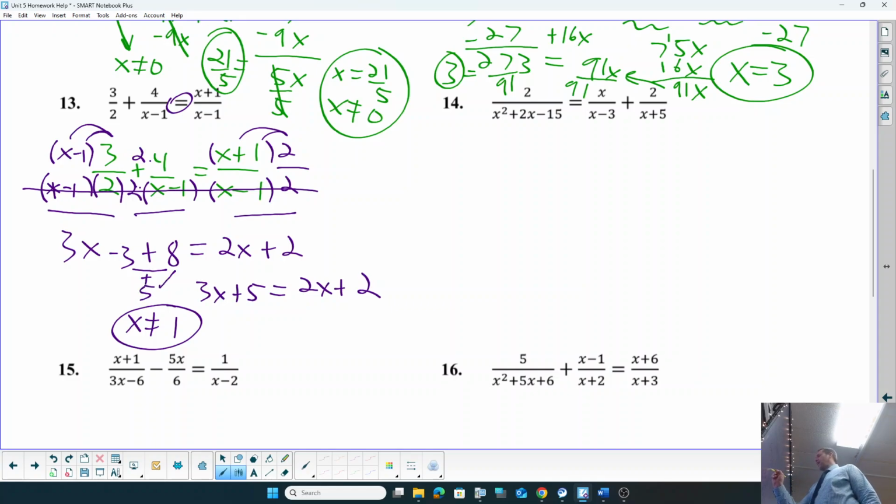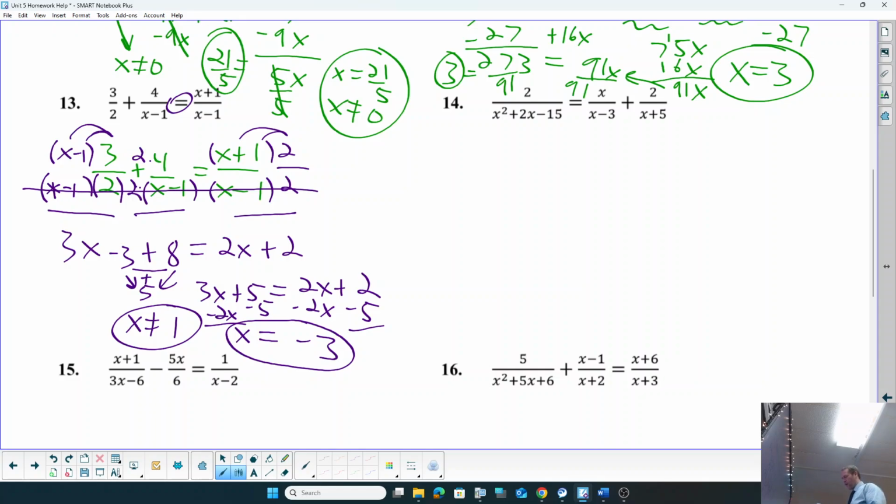And then we're going to go ahead and minus 2x to this side. And so we get x equals negative 3 over to this side. Whoa, we got a negative number. So as long as it's not 1, we're okay.